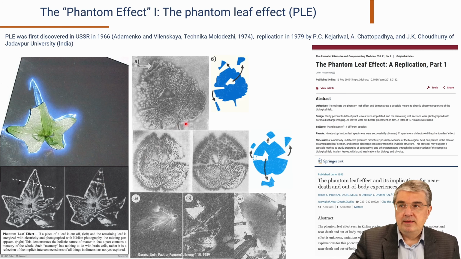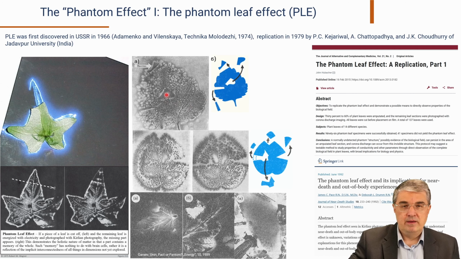There were multiple attempts, for instance, to replicate this in different conditions to improve the original experiment. For instance, pieces inside of the leaf were cut out in different configurations, and after this we still see the fine structures.